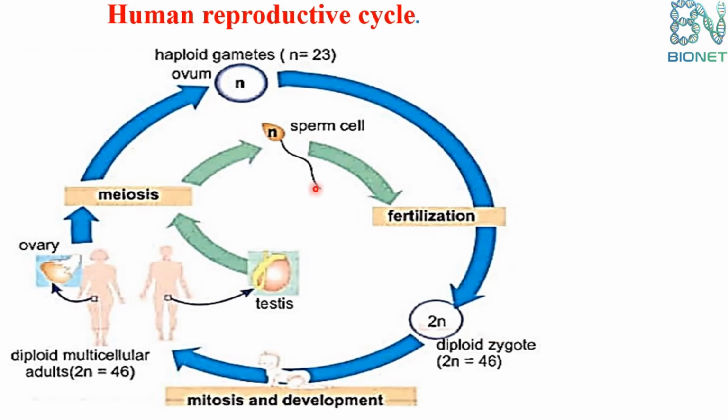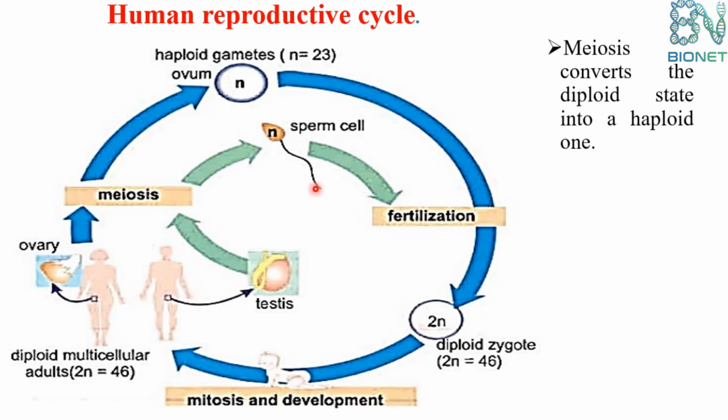During this cycle, we have three important processes. The first one is meiosis, that allows the passage from the diploid state to the haploid state. Then we have fertilization, which re-establishes the diploid state.